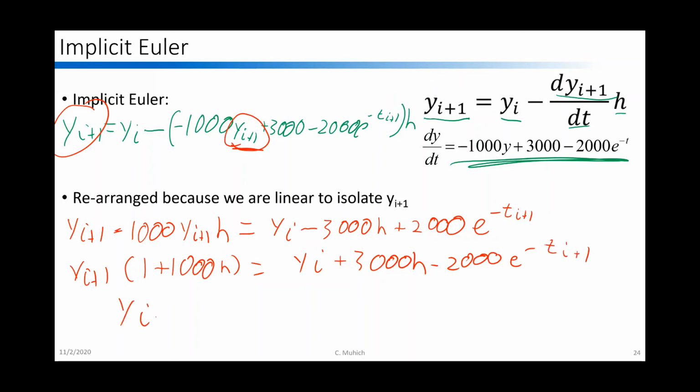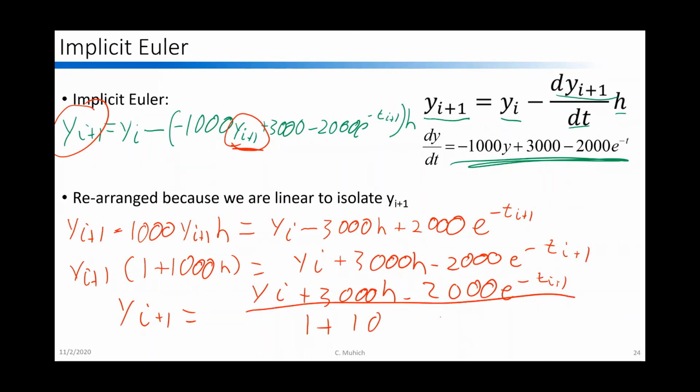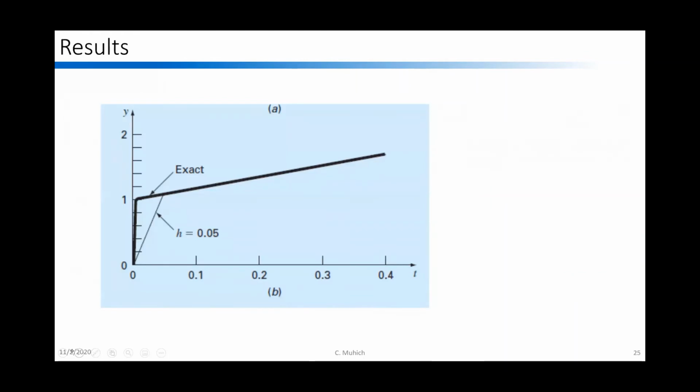And so we get y_{i+1} equals y_i plus 3,000 h minus 2,000 e to the minus t_{i+1}, all over 1 plus 1,000 h. So now we can put in any sort of h that we want and solve for this.